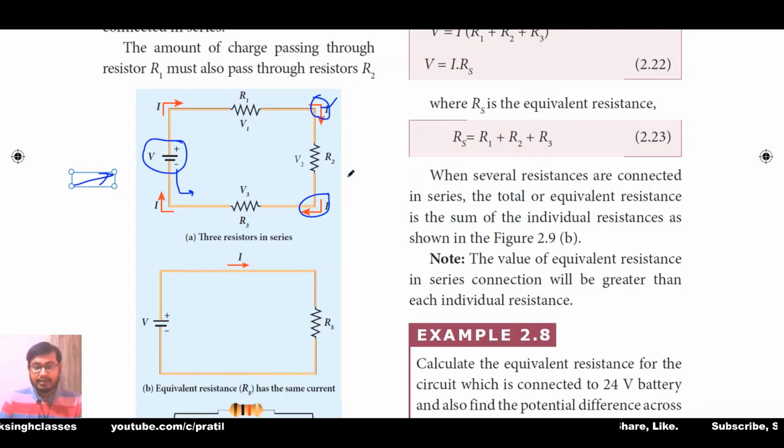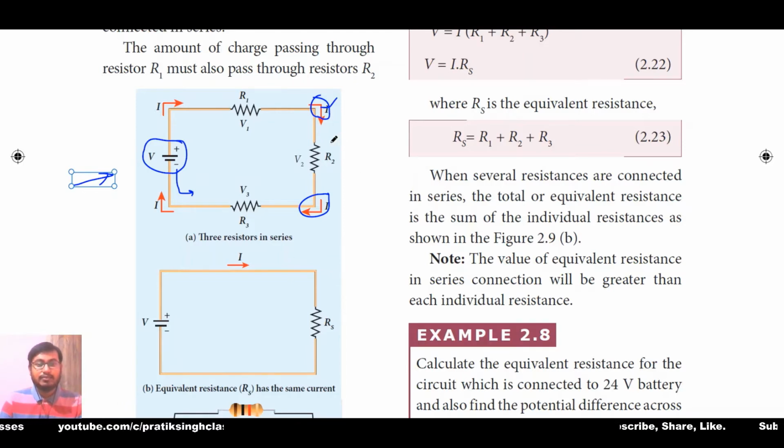Keep in mind that when the resistors are in series, current will remain the same but voltage will change at every resistor, and if the resistors are in parallel, voltage will remain the same but current may be different for different resistors. So it is given here.